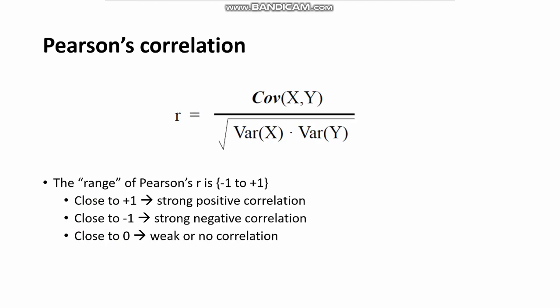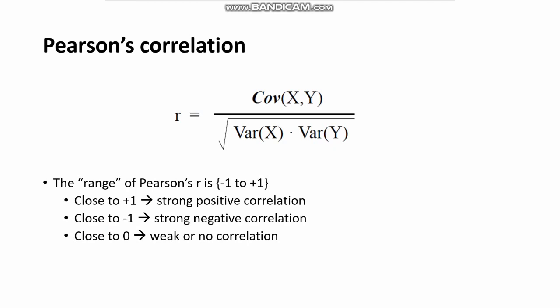But after you calculate the coefficient for the Pearson product, the range of values for r is between -1 and +1. So values that are very close to +1 indicate that there is a strong positive correlation between two variables, which means that if one variable increases, the other variable also increases.